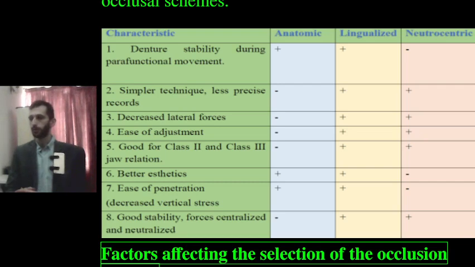Good stability, forces controlled and neutralized, negative with anatomic, positive with lingualized and neurocentric.